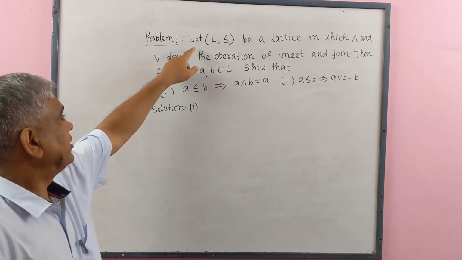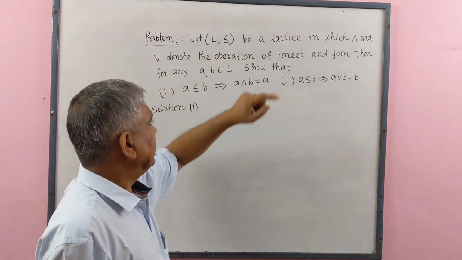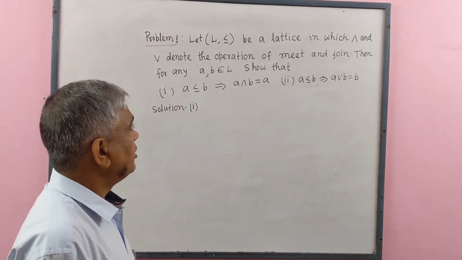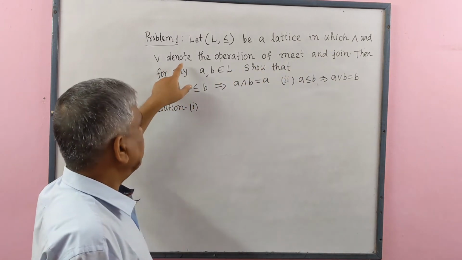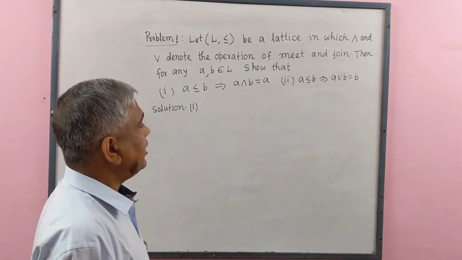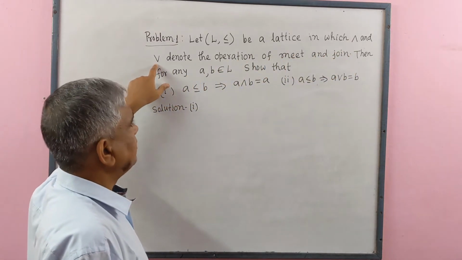Problem 1 is: let L with partial order relation be a lattice in which this symbol and this symbol denote the operation of meet and join. This is meet and this is join.